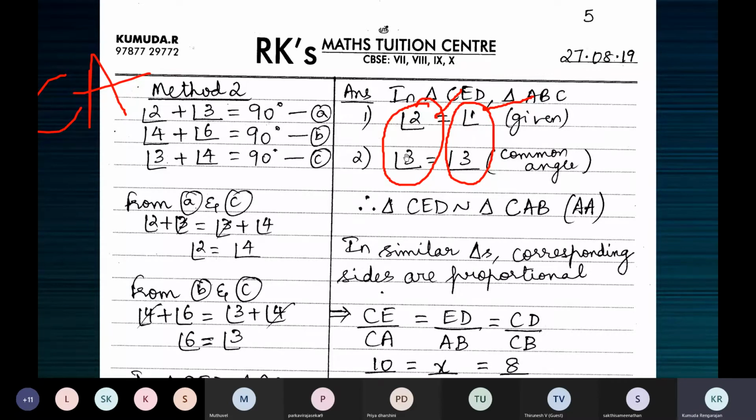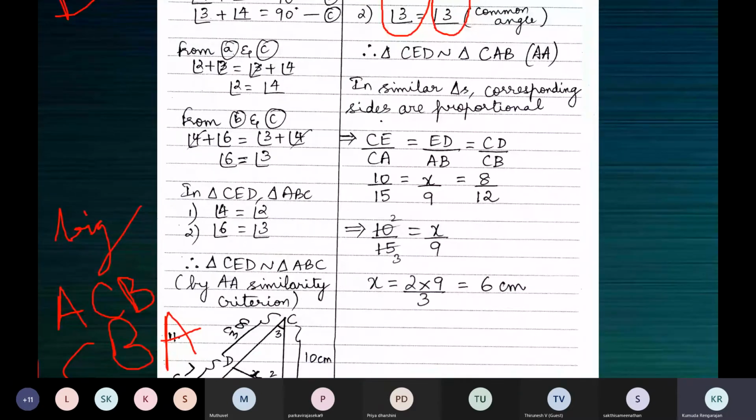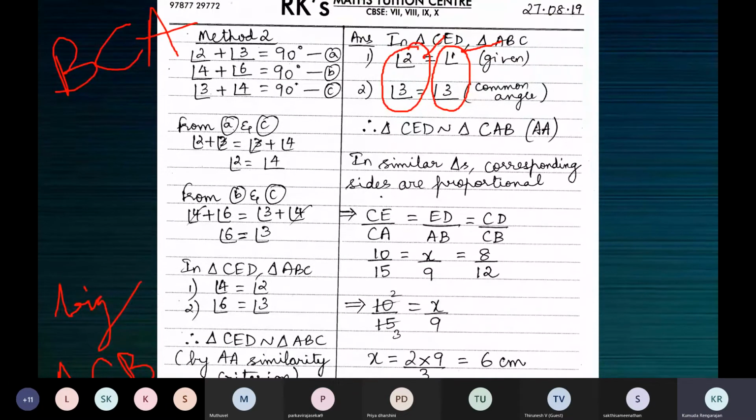So when you write it carefully like that, these two pairs of angles are equal. So the triangles are similar by the AA similarity criterion. Now that the triangles are similar, their corresponding sides will be proportional. So how do you write the ratio of the corresponding sides? Only if you write this order correctly can you get this proportionality correctly.